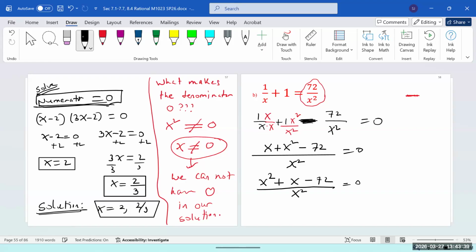We did that because what is our goal? Factor. So can you think of two numbers, multiply to 72, combine to 1, Nicholas? Positive 9, negative 8.